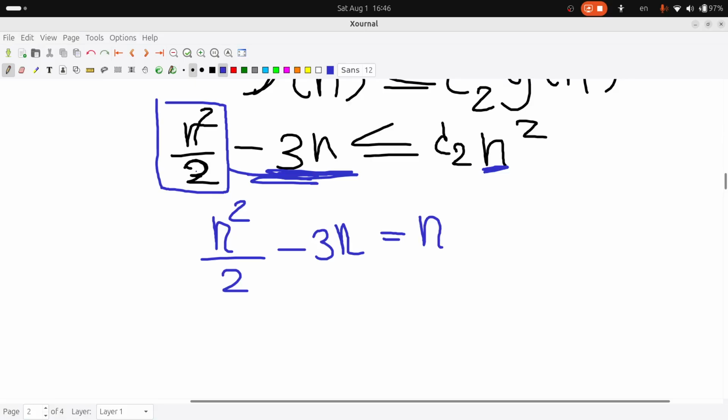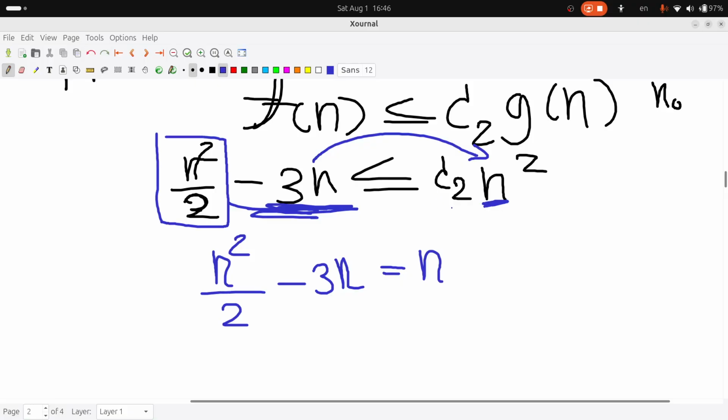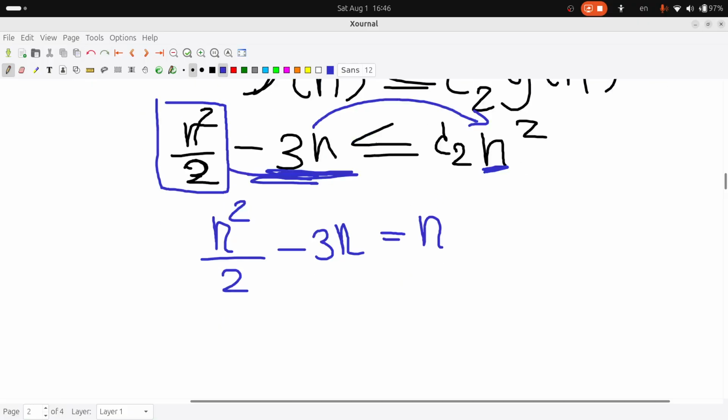I will try to transform this equation to this one, so I can find the constant C2. That is our technique. So n squared divided by 2 minus 3n is equal to n squared divided by 2 minus 3n.